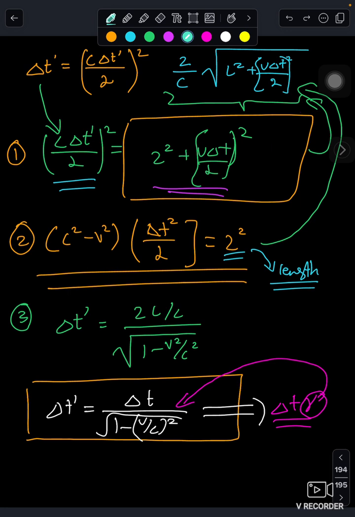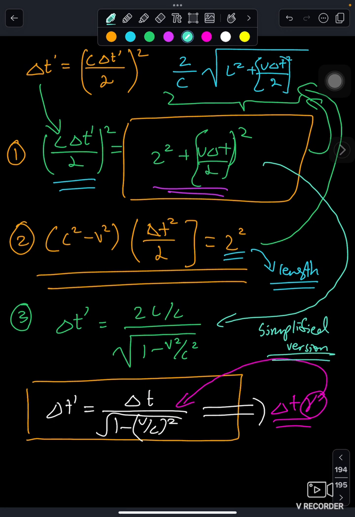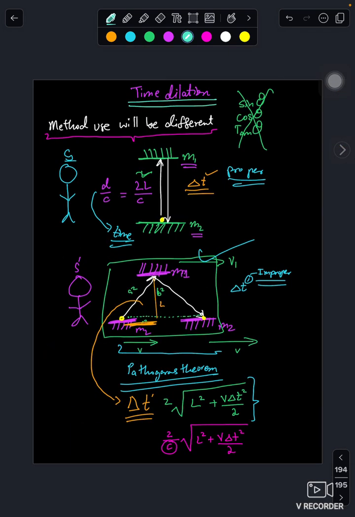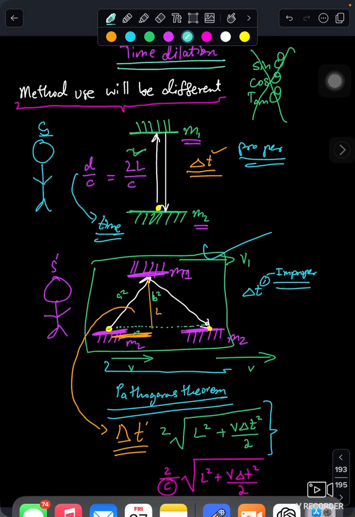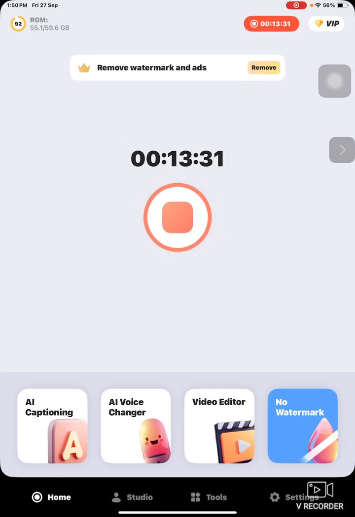Let me write this. Simplified version. What else can we add here?